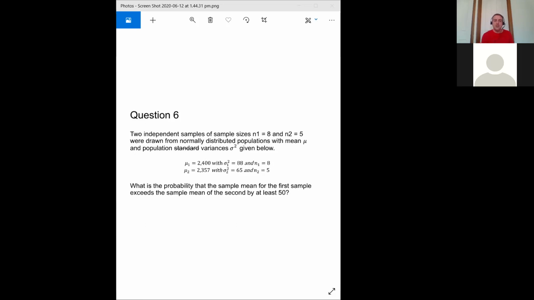I'm just going to write down this information so that I can still see it. Mu1 is 2,400, of course it is. Mu2 is 2357. N1 is 8. Sigma 1 squared is 88. Sigma 2 squared is 65.